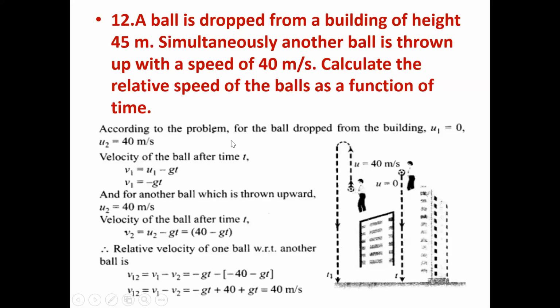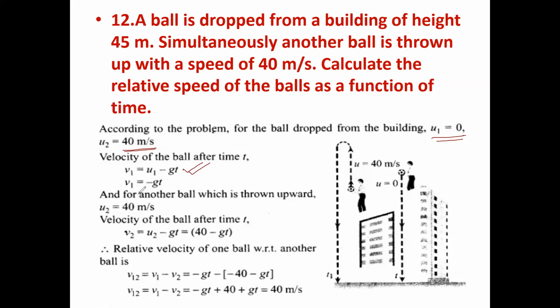Okay, fine. The ball is dropped from the building. Dropped means the initial velocity is 0. And the second ball is thrown up with 40 meters per second. Velocity of the ball after time t is u1 minus gt, because gravity acts downwards.